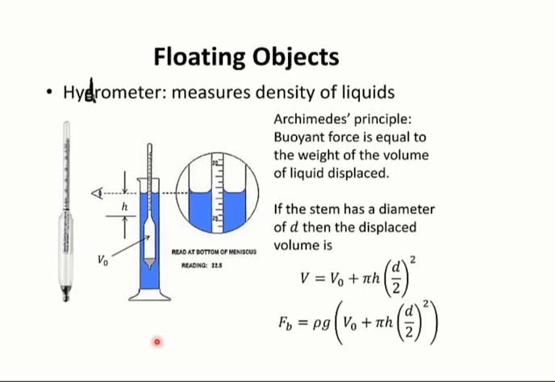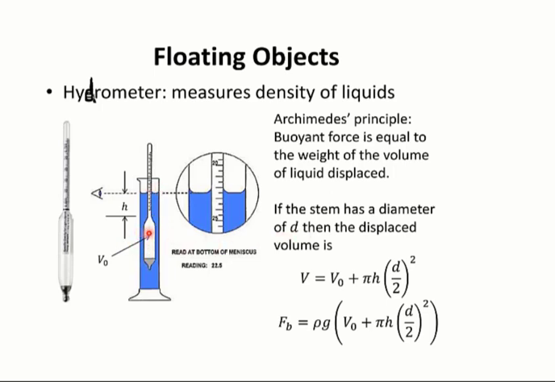So let us first analyze the force acting on this object, that is the buoyant force. According to Archimedes' principle, the buoyant force is equal to the weight of the volume of liquid displaced by the instrument, right? So first we have to measure the volume of the portion which is under the liquid, right?